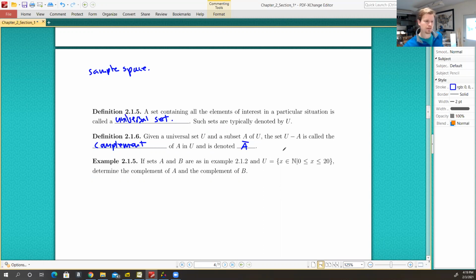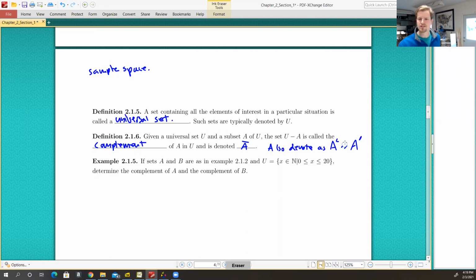All right, there are some texts that also denote this as A raised to the c or A prime. Both of those are used as notation for the complement. All right.